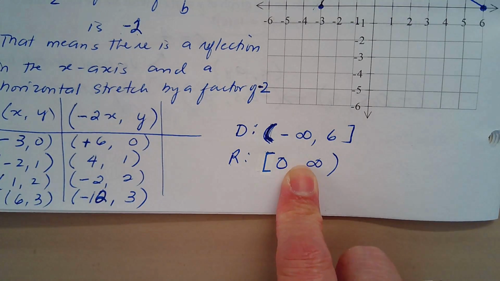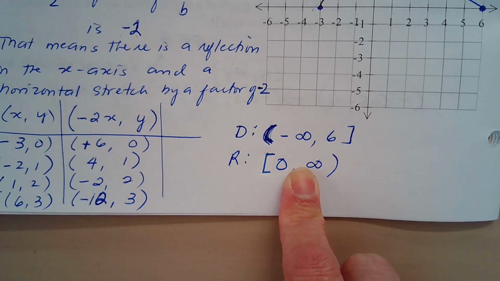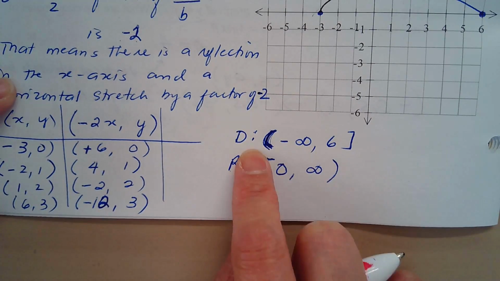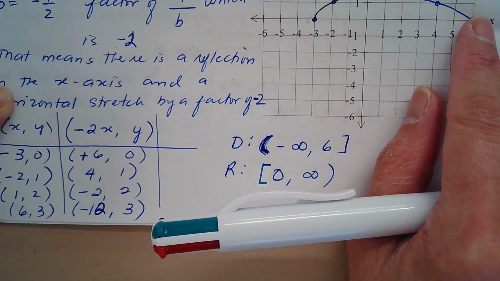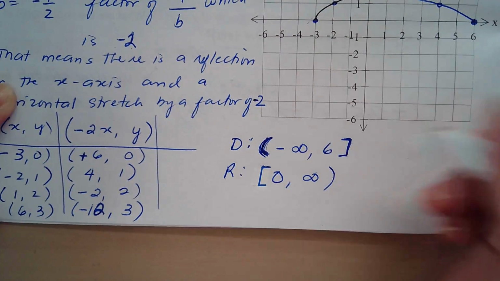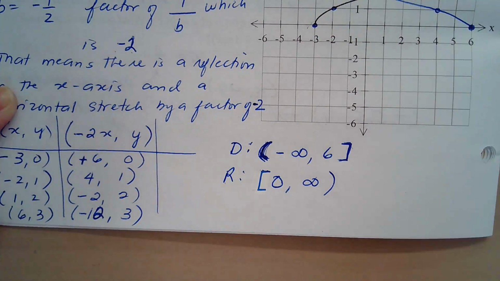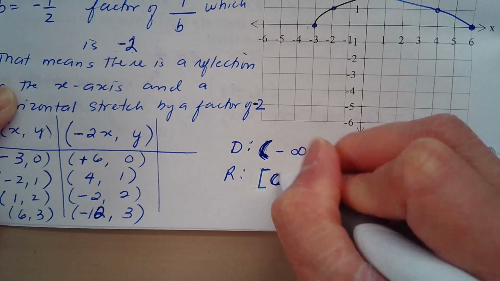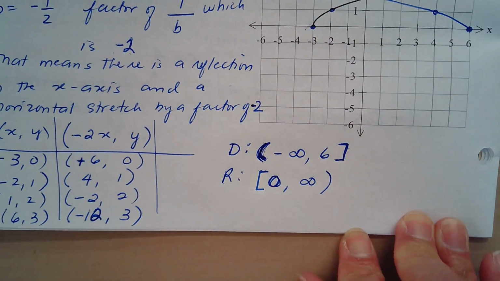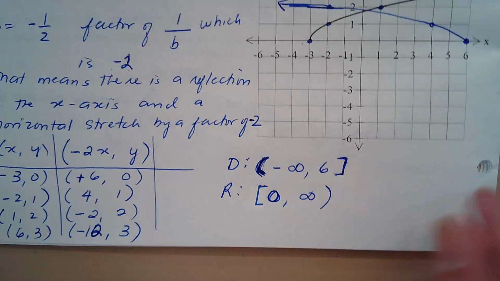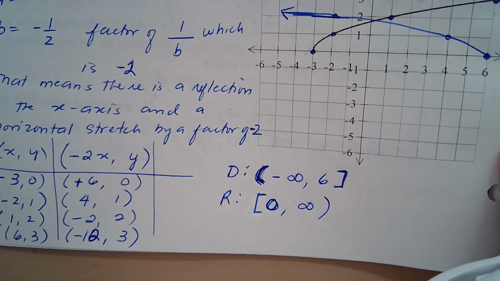So we're always going to start from left to right or down up. So negative infinity up to positive 6, including positive 6, and then 0 to positive infinity, including the 0. Okay? Let's try the next one.